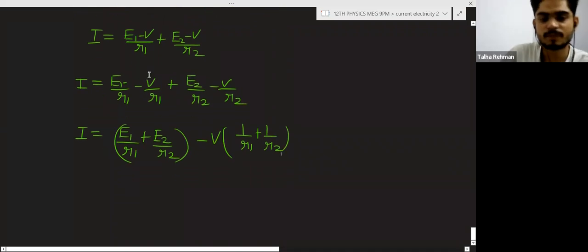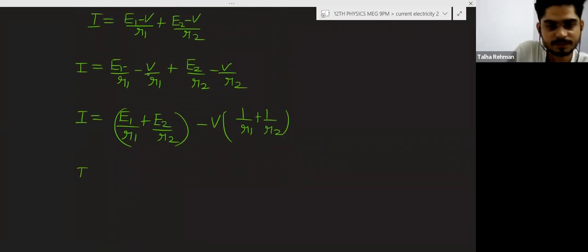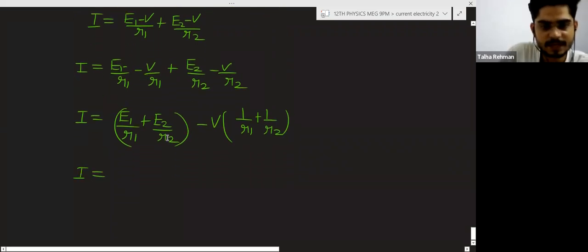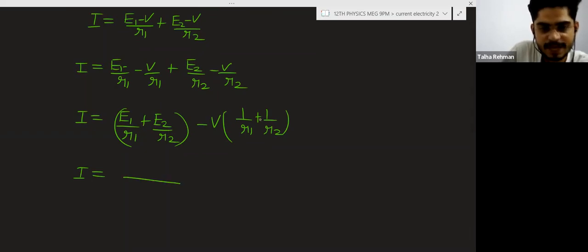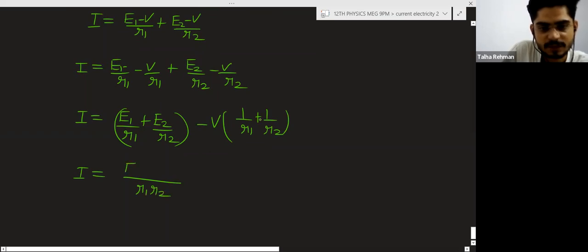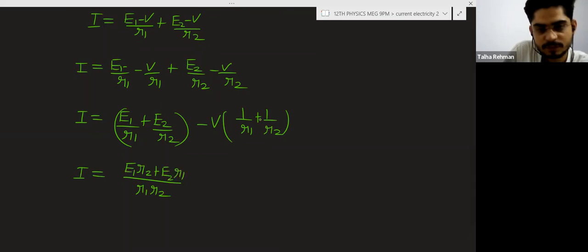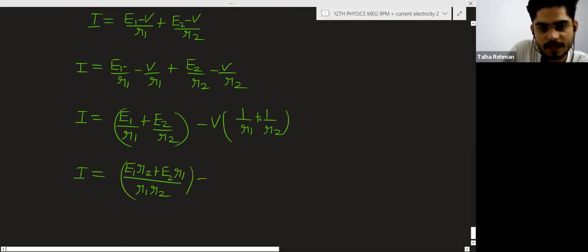Now take the LCM and solve this part and this part. Here the LCM will be R1 into R2, and here you will get E1 R2 plus E2 R1. Here is minus V, and here you will get R1 plus R2 divided by R1 into R2.